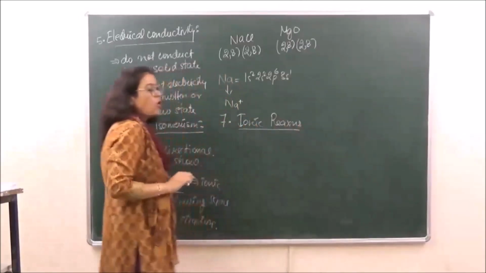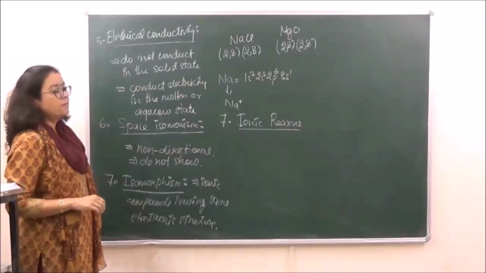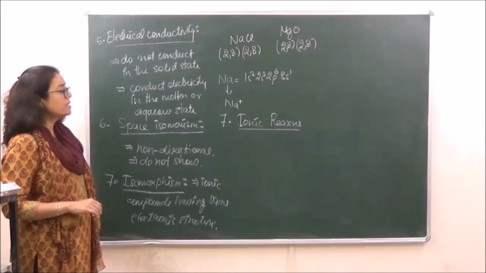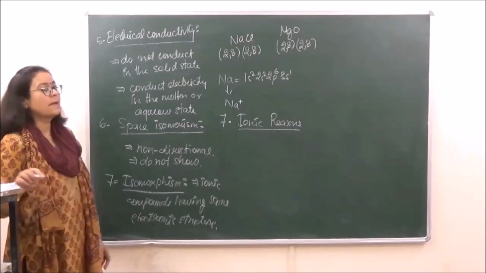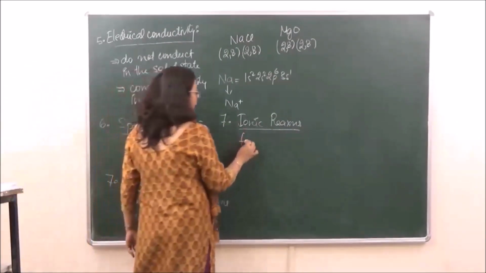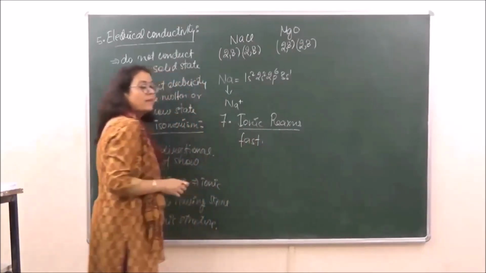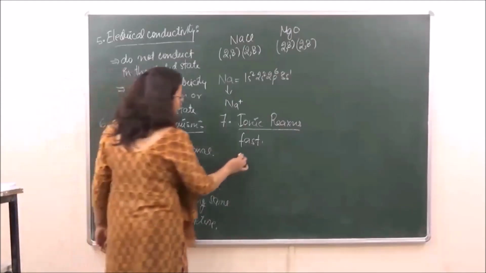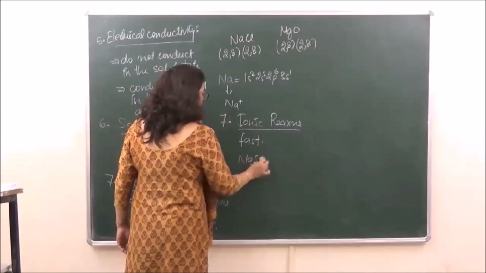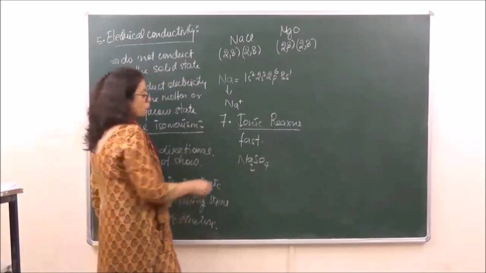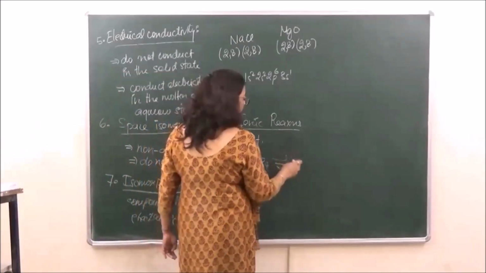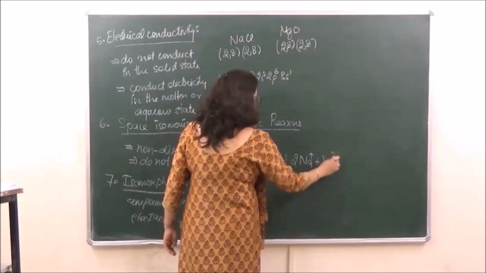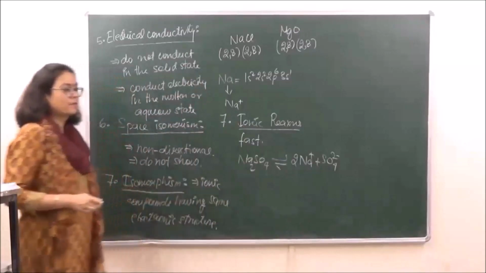Then the next is ionic reactions. All the ionic compounds produce ions in solutions. So the reactions which take place are known as ionic reactions, and these reactions are very, very fast. For example, sodium sulfate breaks into 2Na positive plus SO4 2 negative.